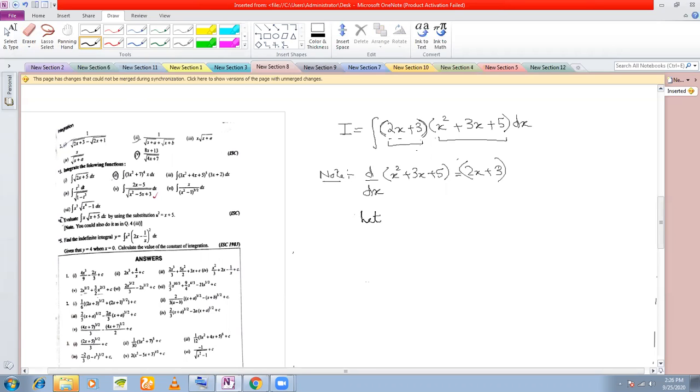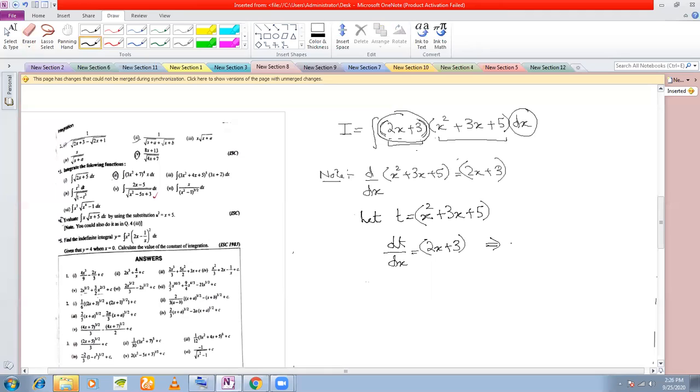In this what you do is, you say let t is equal to the higher degree term, x square plus 3x plus 5. So what you get is dt dx is equal to 2x plus 3, right? Now here what do you have? You have a product of 2x plus 3 into dx.